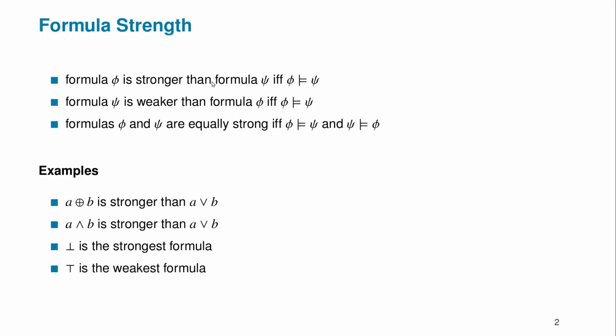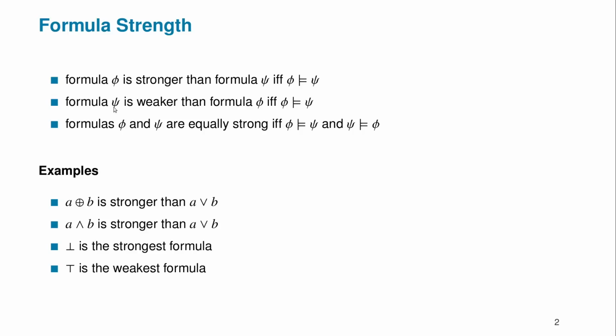And this allows us now to give a notion of formula strength, to relate formulas. We say a formula phi is stronger than a formula psi if and only if phi entails psi. So whenever phi is true, then also psi is true.